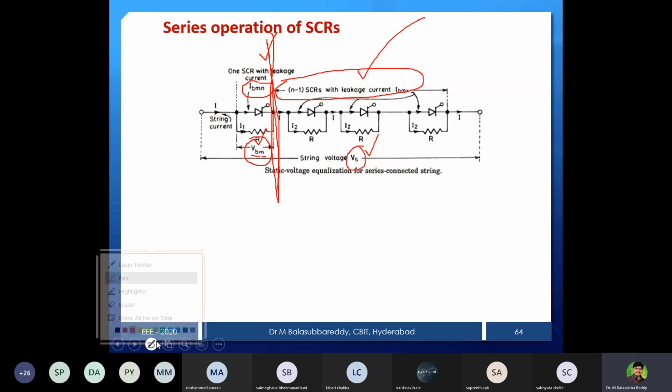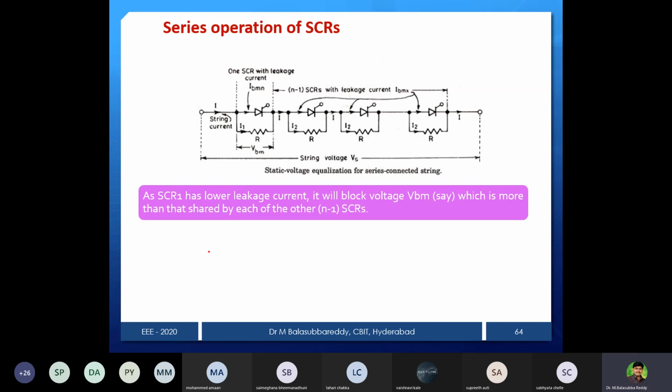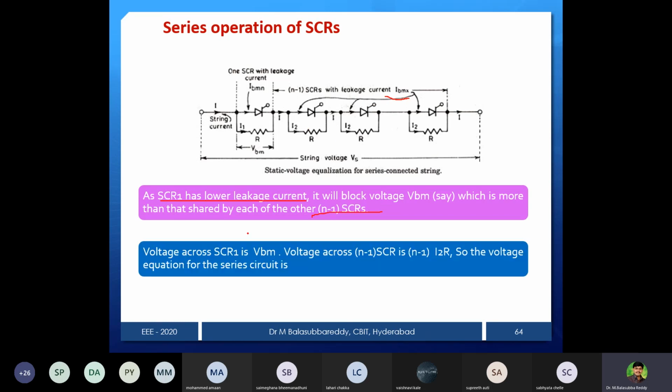So now I am simply networking. Now you can see that SCR1 has low leakage current, and this I am assuming simply. The other n minus 1 SCRs have high leakage current because the remaining are more SCRs, and the voltage across SCR1 I consider as VBM, and the remaining n minus 1 SCR voltage drop is nothing but n minus 1 into I2R.